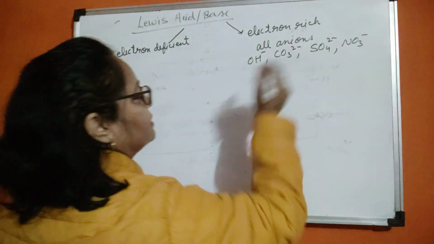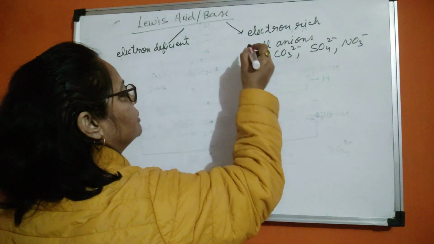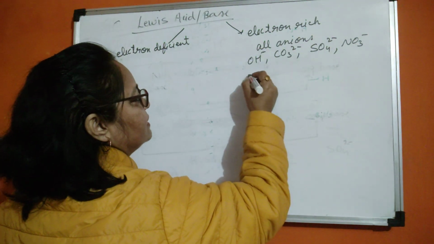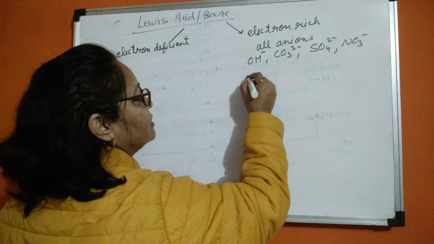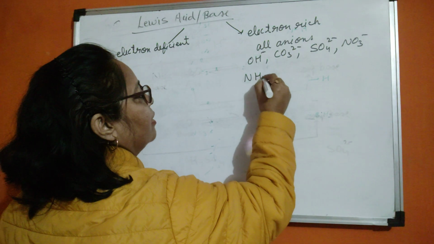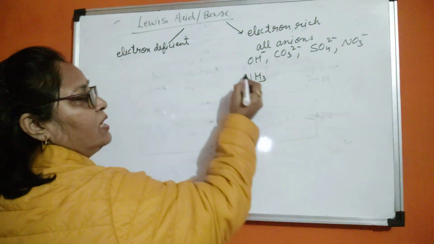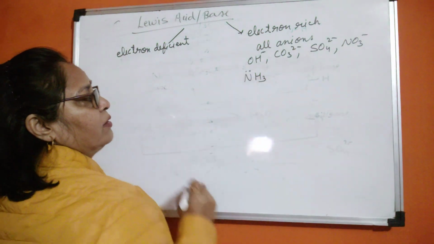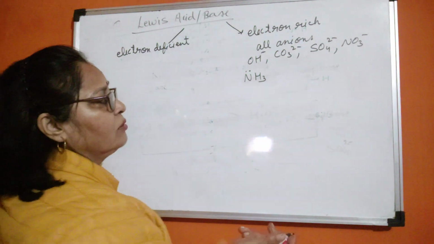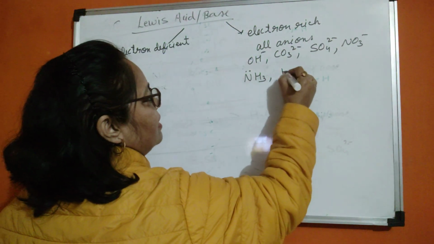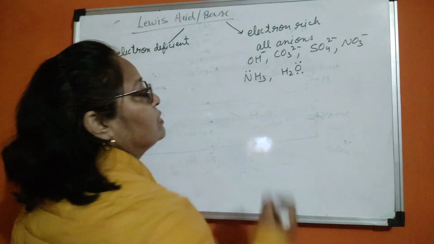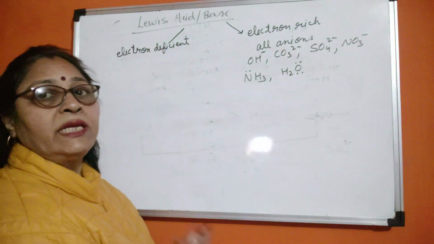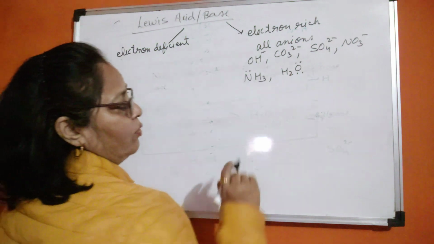They easily donate. And for electron rich neutral species, our answer is ammonia. In ammonia, nitrogen has one lone pair, so it can easily donate its lone pair. Similarly, in case of water, oxygen has two lone pairs, so it can also easily donate its electron pair.